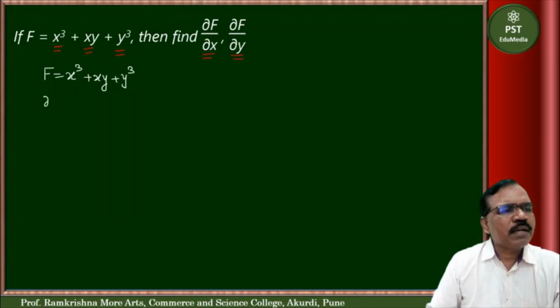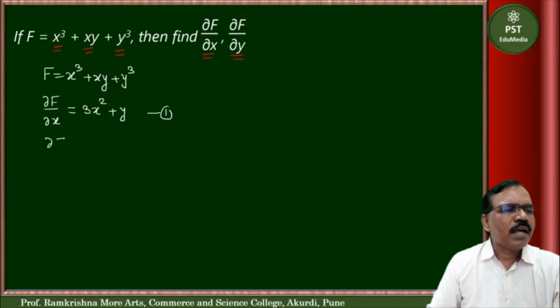Now what is dabba f by dabba x? We differentiate with respect to x, keeping y constant. So we'll get here 3x square plus y plus 0. So 3x square plus y. This is dabba f by dabba x.